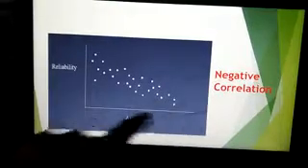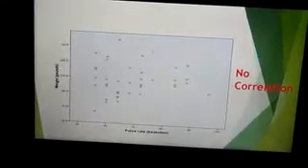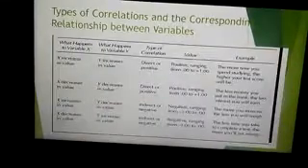That is why there is a negative correlation. Next is no correlation at all. There is no correlation between the pulse rate and the weight. Just take a look at our scatter plot. There is no decreasing or increasing order in this graph. Therefore, the type of correlation this graph contains is no correlation at all.